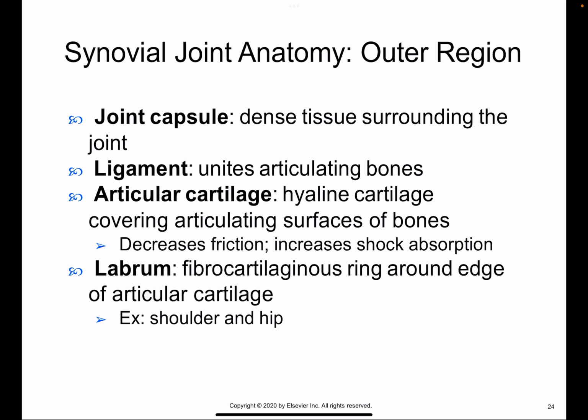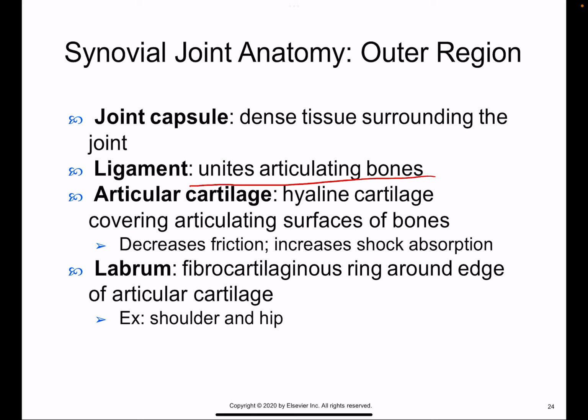Now, on the outer region of the synovial joint anatomy, we, of course, have the joint capsule, the ligament, the articular cartilage, right? The joint capsule is that dense tissue that surrounds the joint. This is serving as a protective barrier. The ligament is going to unite articulating bones, so it's going to keep them together, make sure everyone is in the correct position.